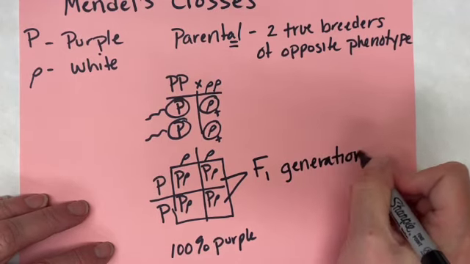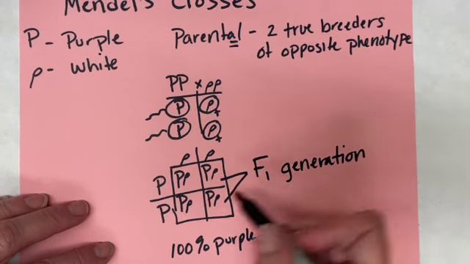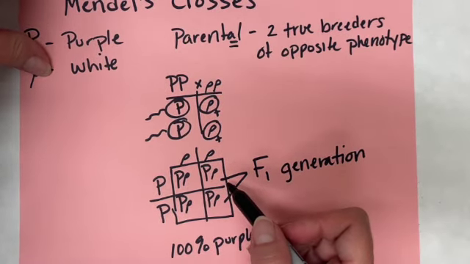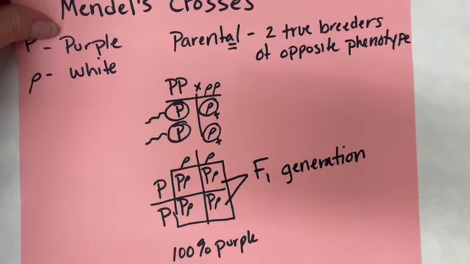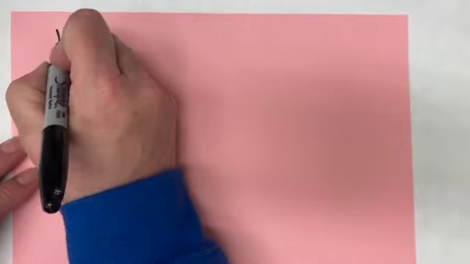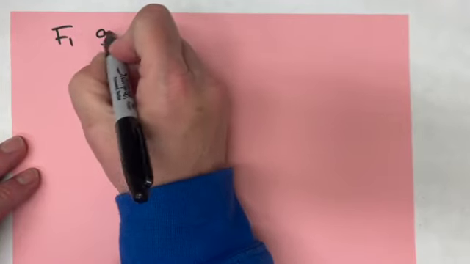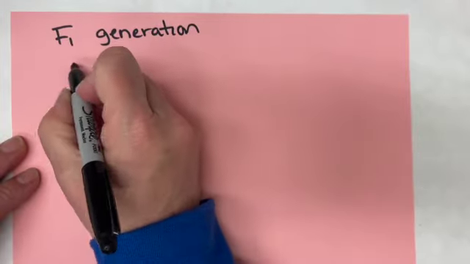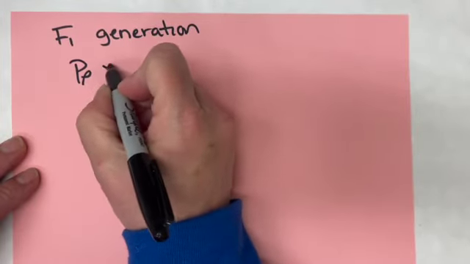So let's take a look at what would happen if 2 F1s were crossed together. And that's actually what Mendel did. This is going to be the 2nd generation in a series of crosses, where we look at what happens when you cross 2 of those F1 generations. So F1 generation, if you'll remember from the last piece of paper that I showed, both of those individuals were heterozygous.